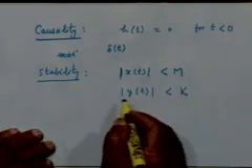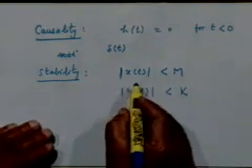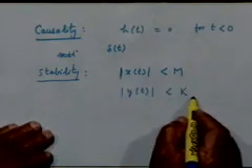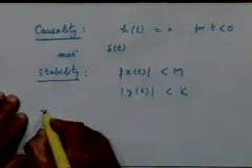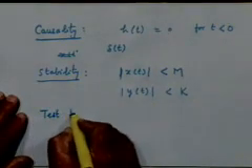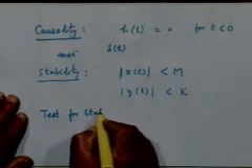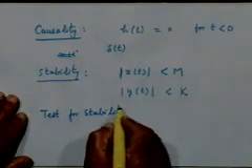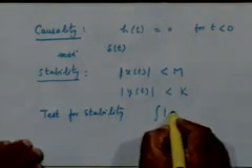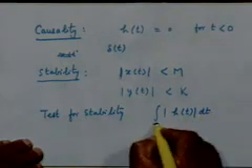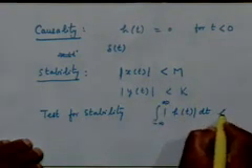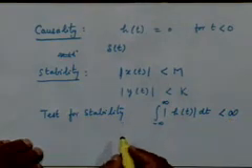If for every such input the output satisfies this property, we say that the system is stable. And the test for stability is that the integral of the modulus of the impulse response should be bounded, that is, less than infinity.